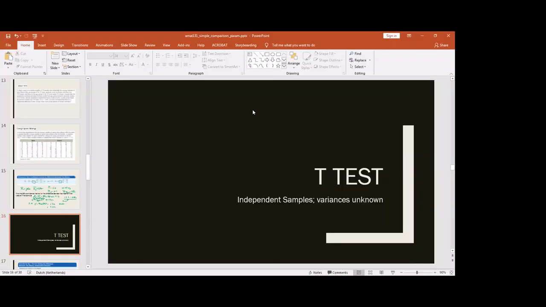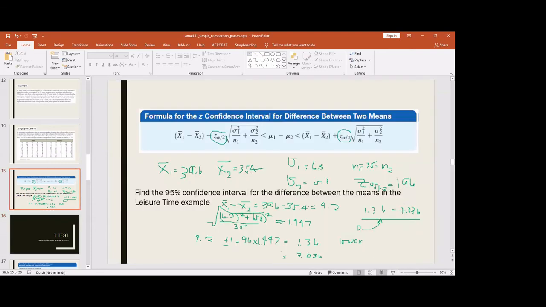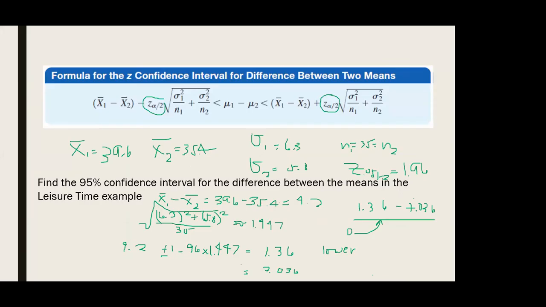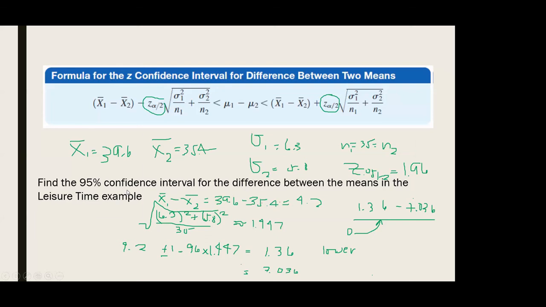Okay, let me share my screen. Apply the formula. So if it's given by z is equal to x mean minus mu over this, then you just need to solve for x.